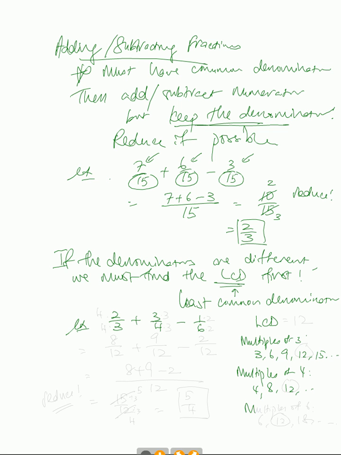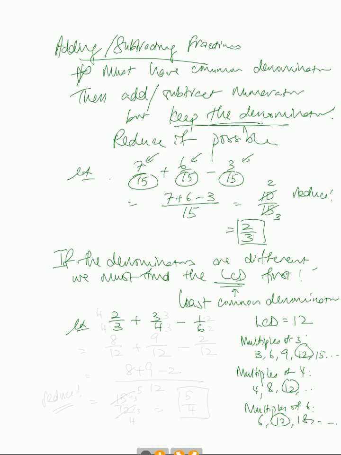What are multiples of 6? 6, 12, 18, and so on. So you notice of the list, 12 is the very first number where they all agree. So that tells you that the LCD is 12. This is a method that's pretty good if the numbers are not too big, but if the numbers are bigger, you might want to consider prime factorization.